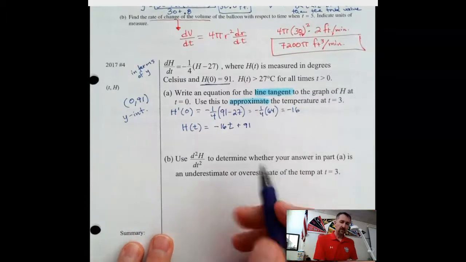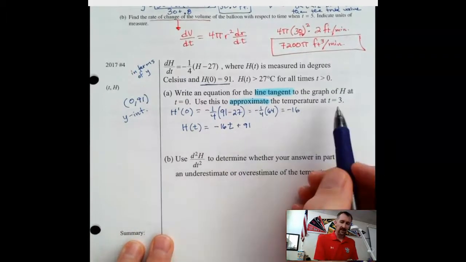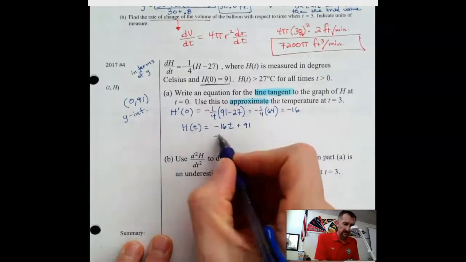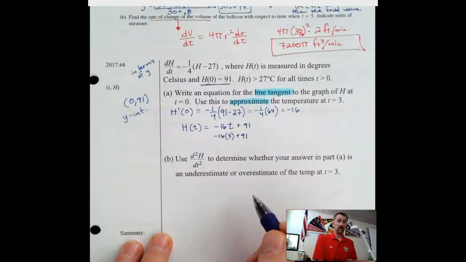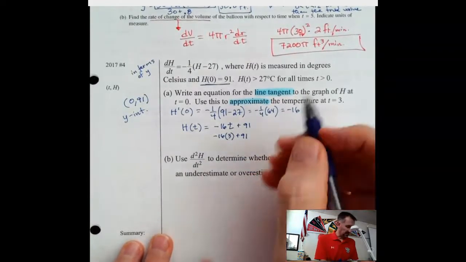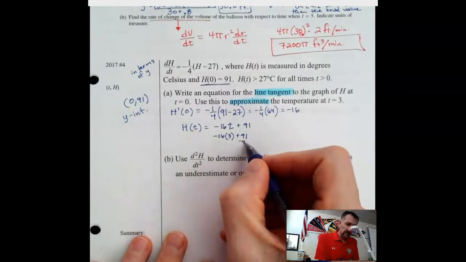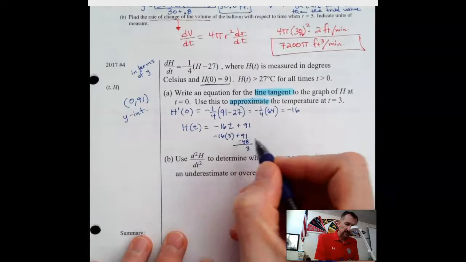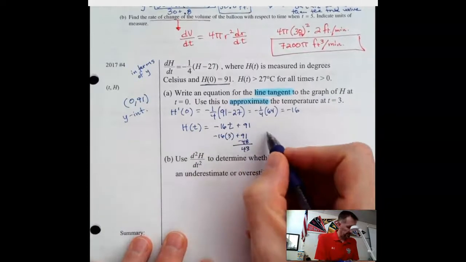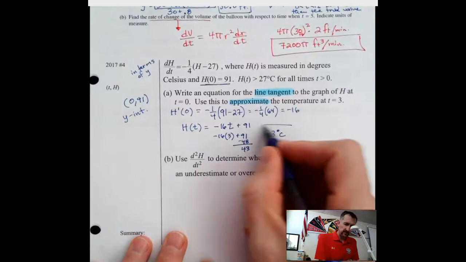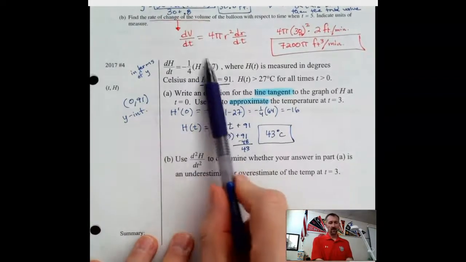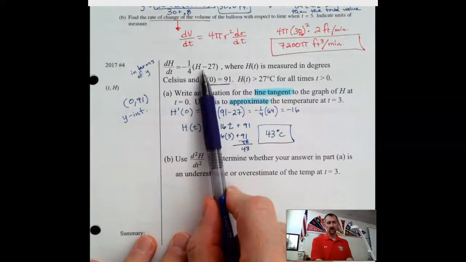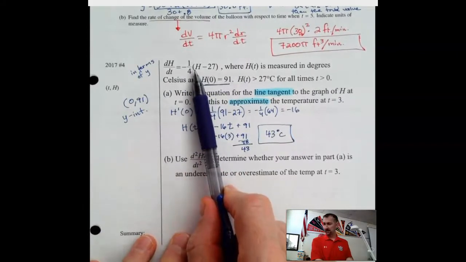So that's the equation of the tangent line, and now they want us to use 3 for t, so that's going to be negative 16 times 3 plus 91. So that's going to be negative 48 plus 91. Borrow 1 off there, that's going to be 43. So that's going to be 43 degrees Celsius. Now that kind of looked easy, but that's because I kind of had it memorized about what I needed to do there. But that really throws people off, that the derivative had a y in it, basically.